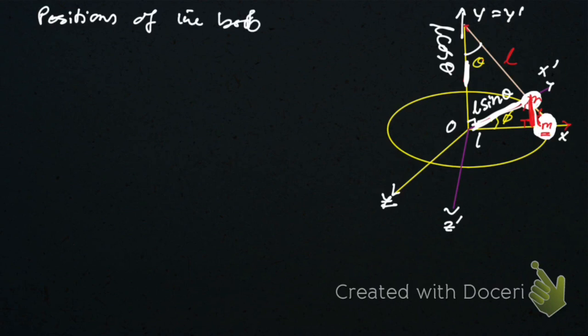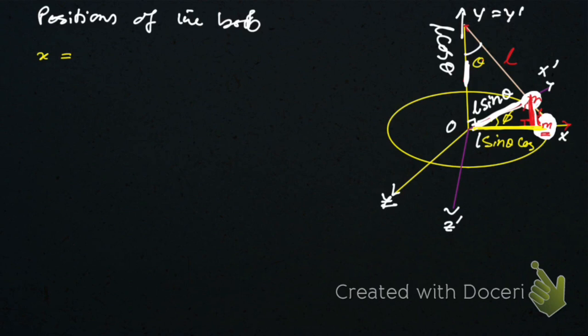That will be given by x is equal to, so here this x will be given by, you can see this length is given by L sin theta cos phi, right? L sin theta cos phi.